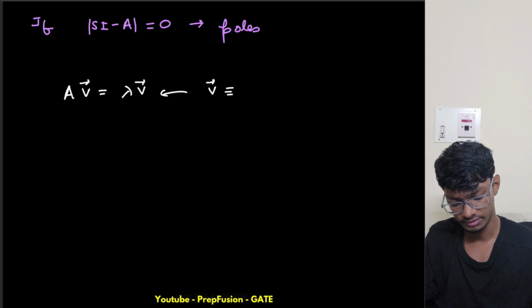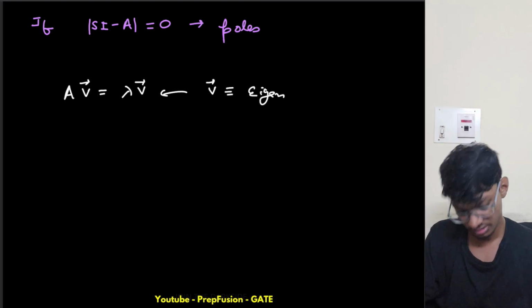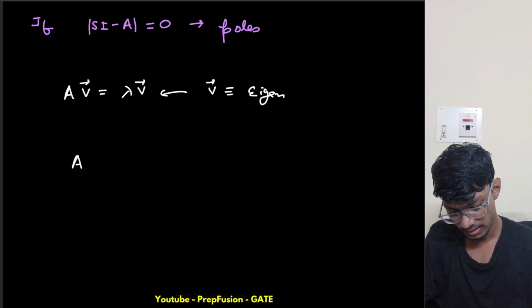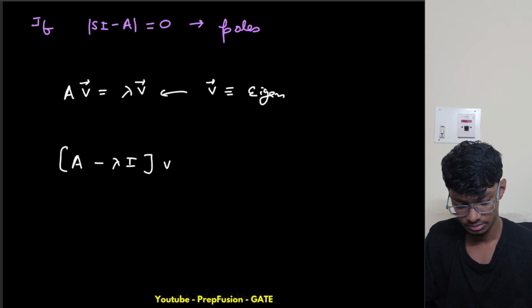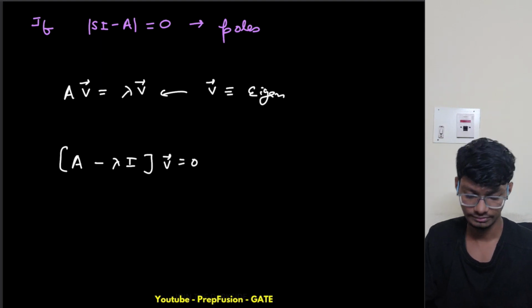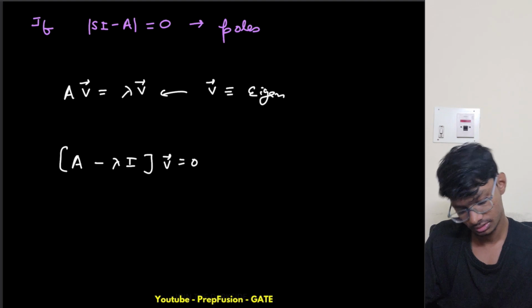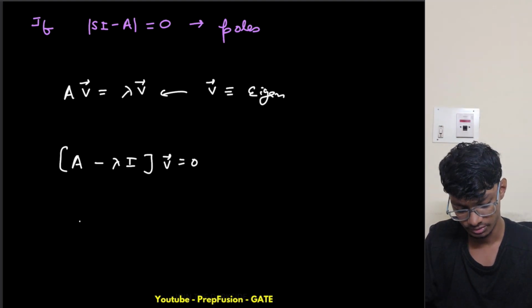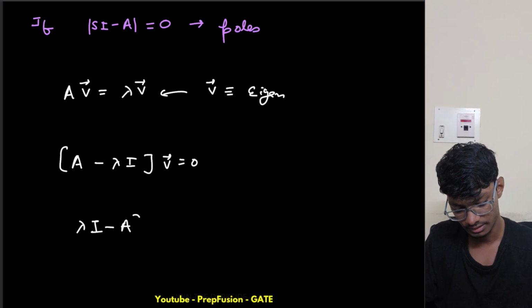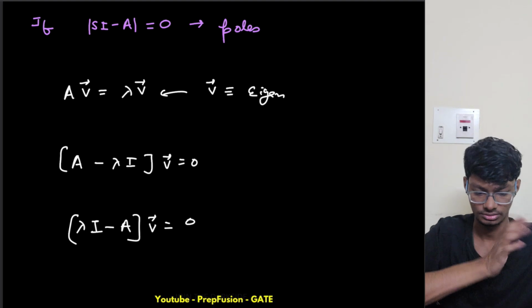A similar equation I get here: A minus lambda I times v equals 0. Then I can multiply by minus sign to get lambda I minus A times v equals 0.